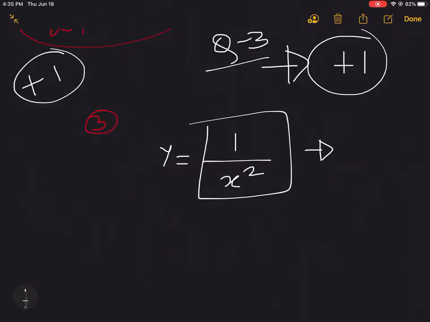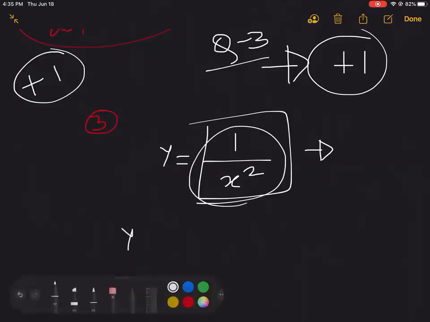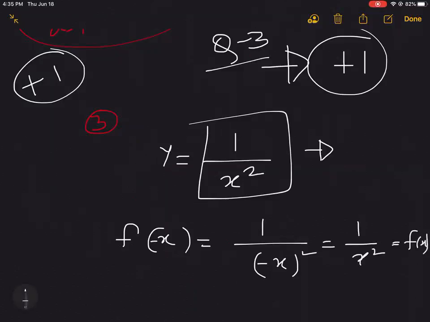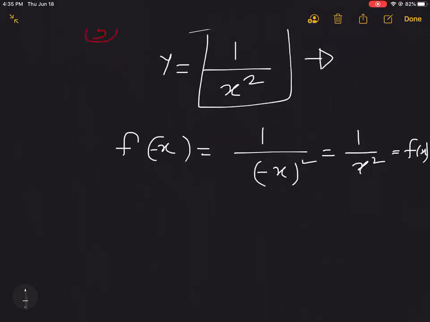So we have an even function, because simply, let me show it this way. If we try negative x squared, we still get positive x squared, which is f of x. That means it's an even function. Now, what does that mean? An even function means it's symmetric with respect to the y-axis, right? Do you remember? If it's even, then it's symmetric to the y-axis, right? Okay.